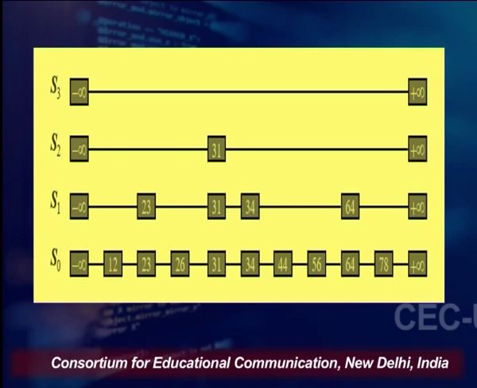Now, coming back to this list again. This says S0 starts from minus infinity and ends at plus infinity, and contains a sorted list of elements. S1 is the next level, S2 is the next level on top of S1, and S3 is on top of S2. In this way these levels are arranged.